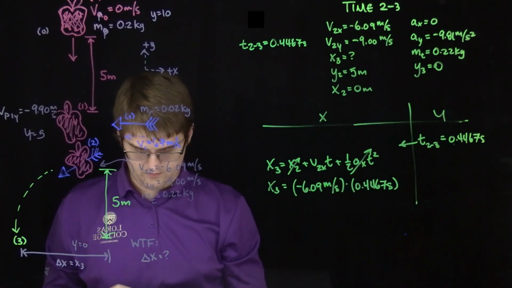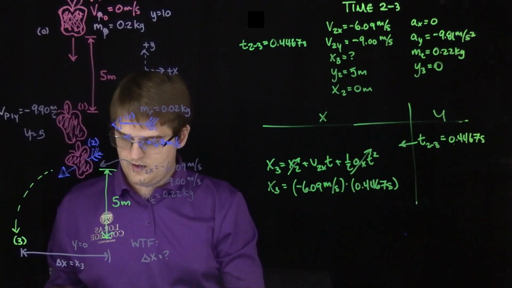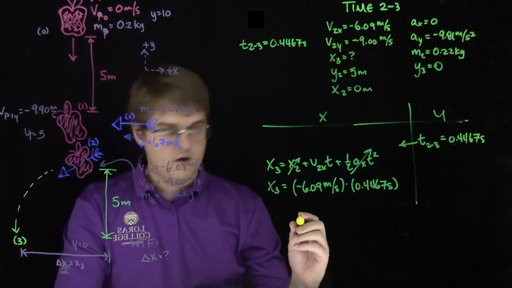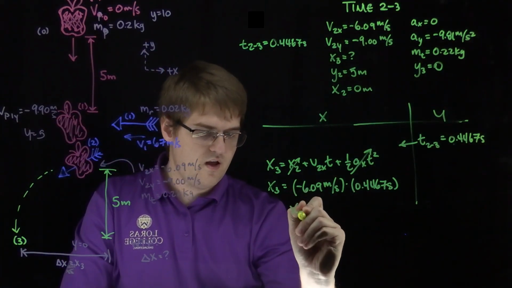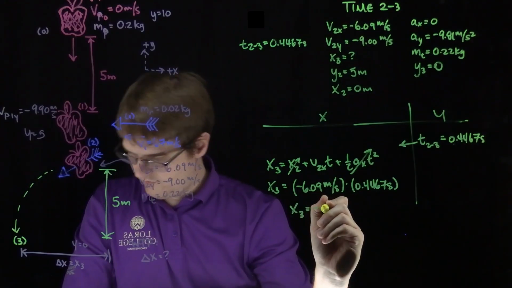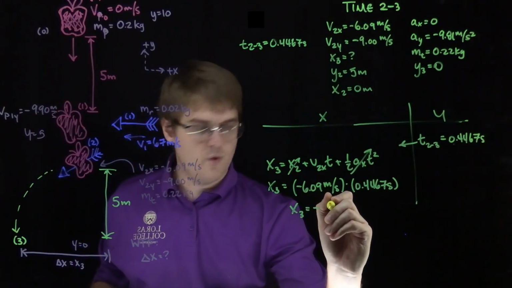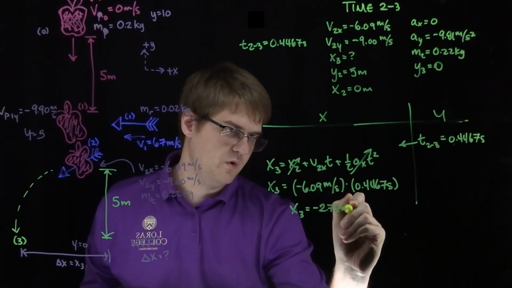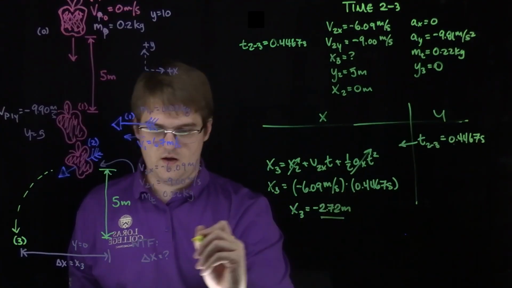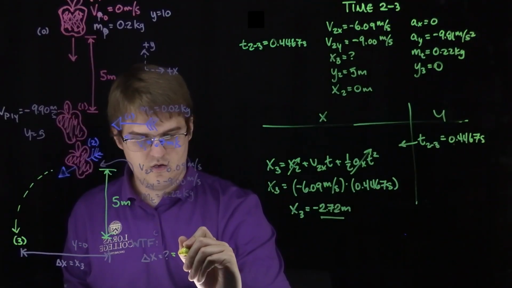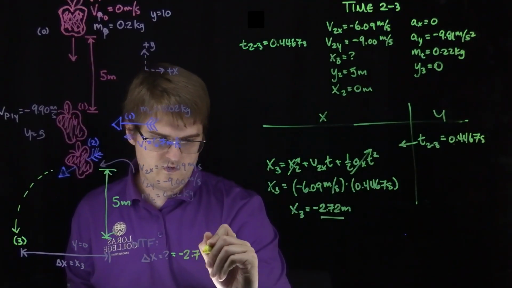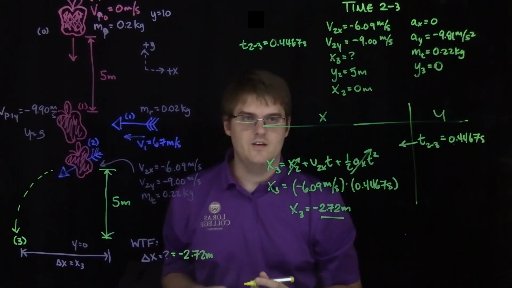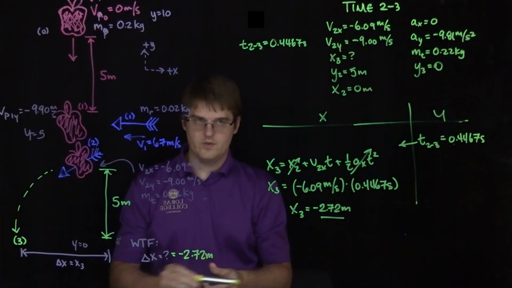So times negative 6.09 is going to give me a value of x3 of negative 2.72 meters. And that is the distance it has traveled left to right.